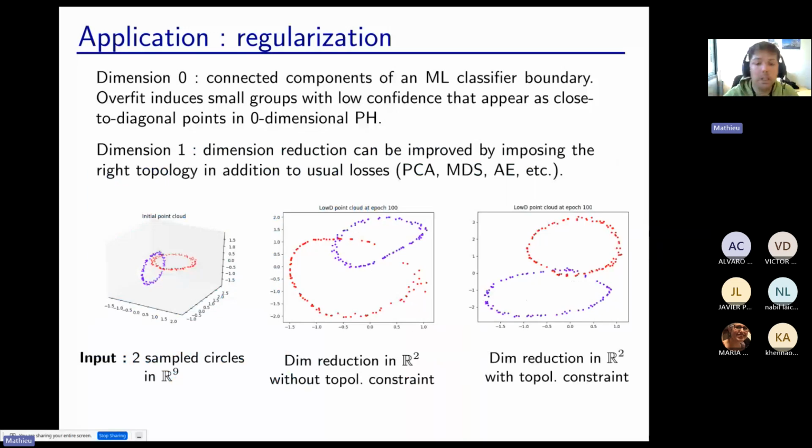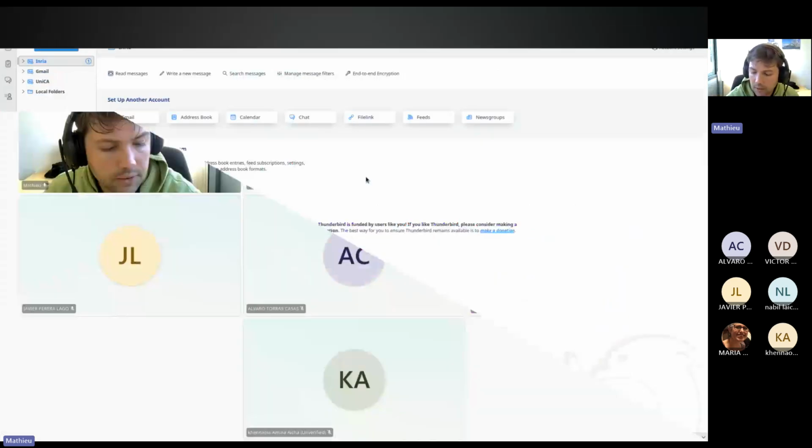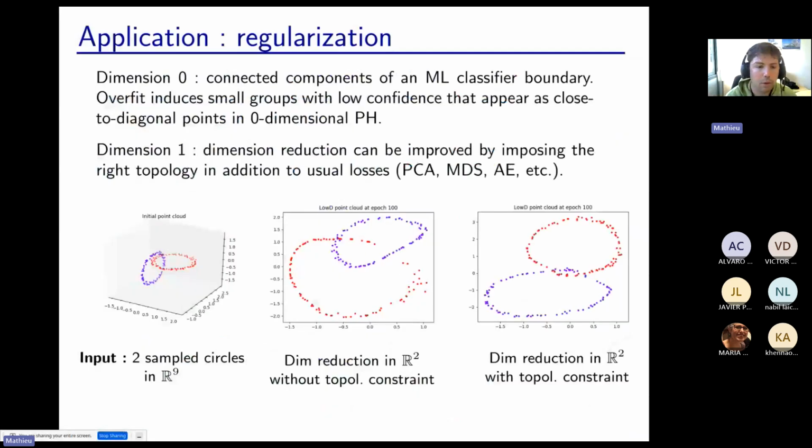Something else that's been used quite a lot already is dimension reduction. You have plenty of models nowadays, for instance using autoencoders, which work by learning a latent space. So you start with some data in possibly high dimension and you embed it in 2 or 3 dimensions for visualization purposes.